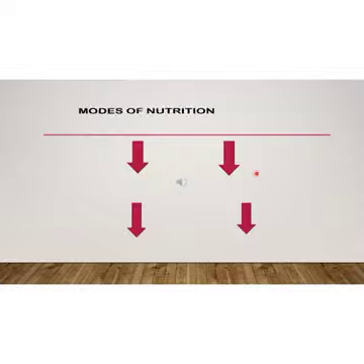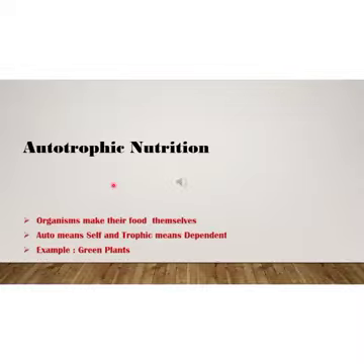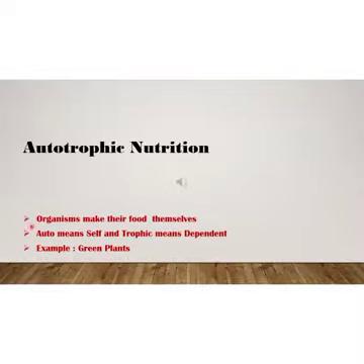The modes of nutrition in the plant are of two types, autotrophs and heterotrophs. Autotrophic nutrition: organisms which make their food themselves.